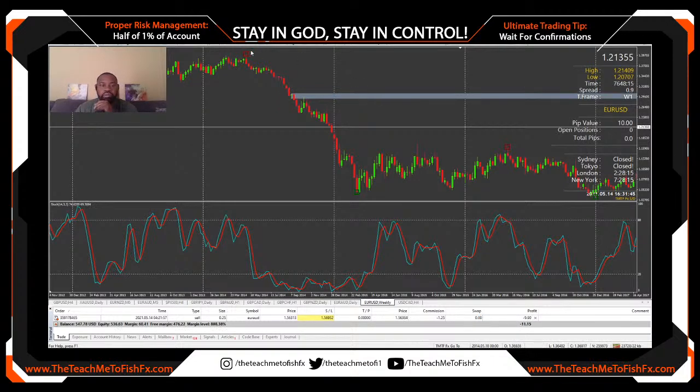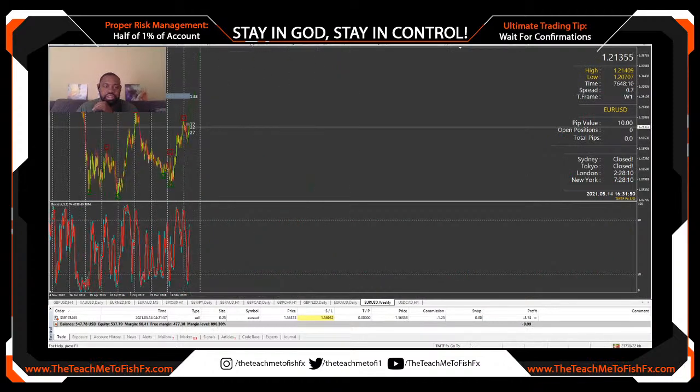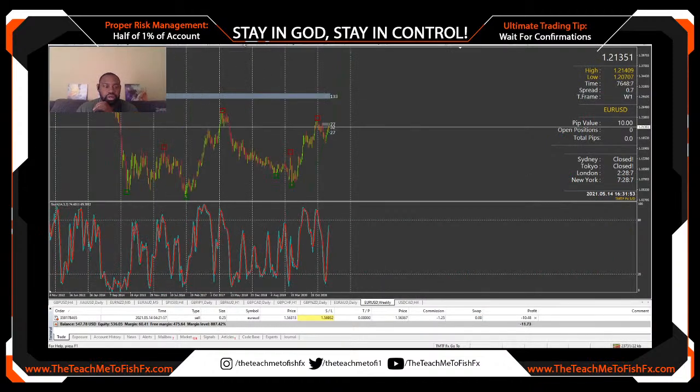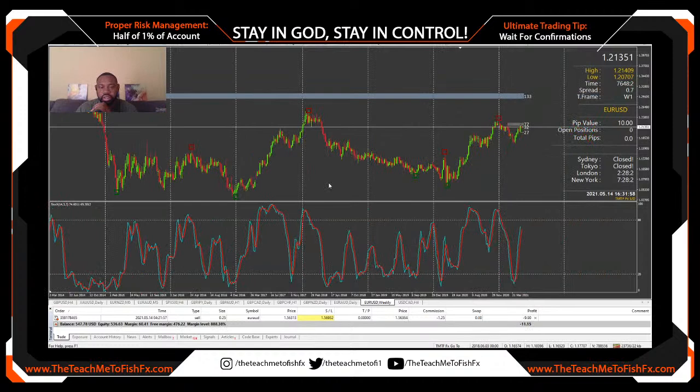If we get a break above here, we're definitely showing signs of this thing completely turning around. We had liquidity here that was taken out, pushed up, came back, gave us a retest, and now it's just trying to give us a push back up.